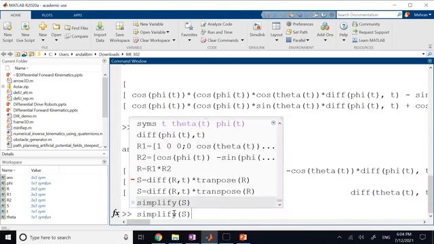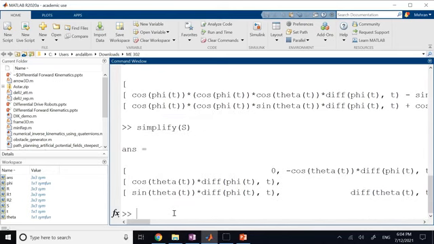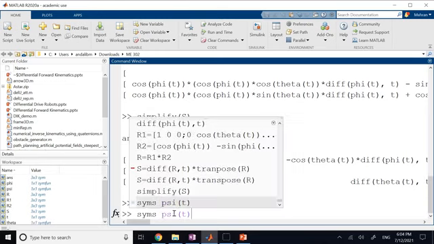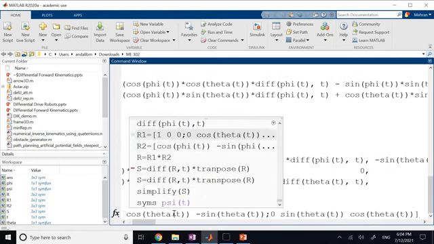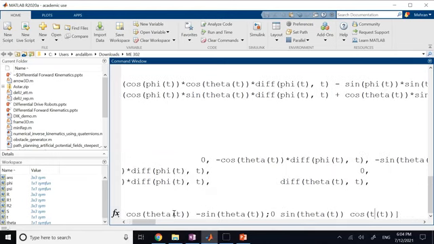define that variable. So I'll say psi of t as well. Then I define the R3 matrix, which is just like R1, but it has psi in it. It's an X rotation, but with angle psi, not theta. It's the third rotation.